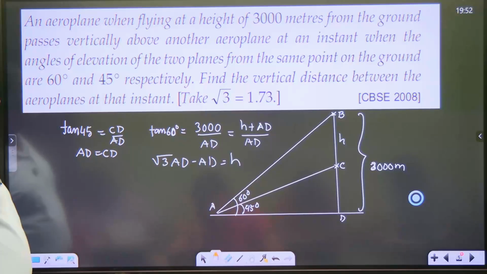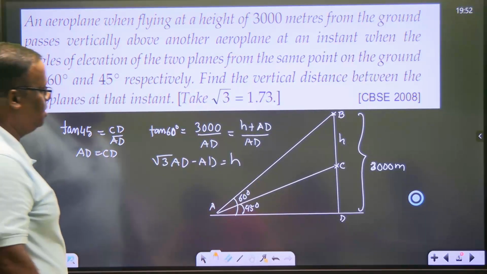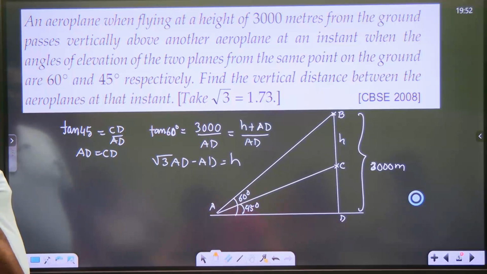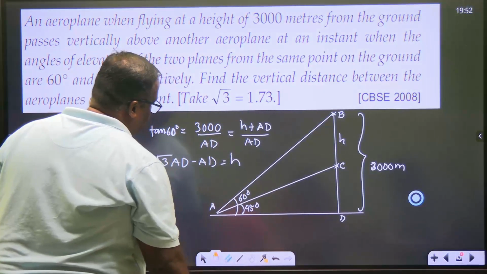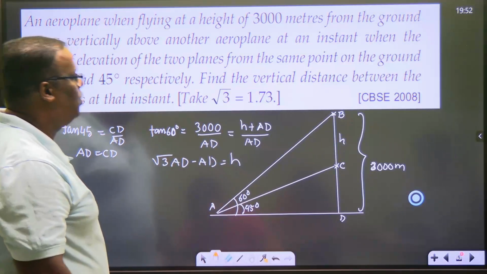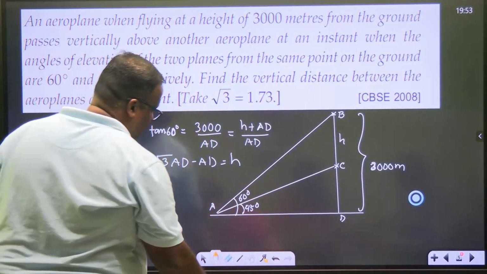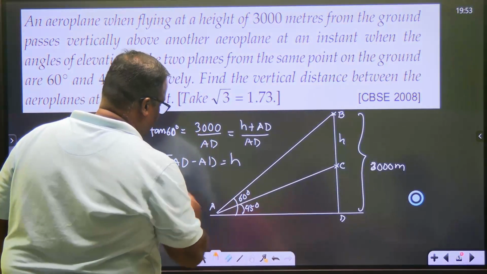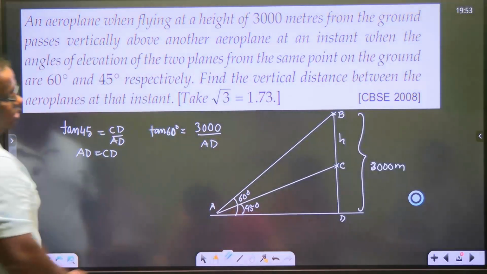And you have another way: replace all the ADs by H. Then also it becomes easy. Your wish. Make it more simple. 3000, and 3000 is what?